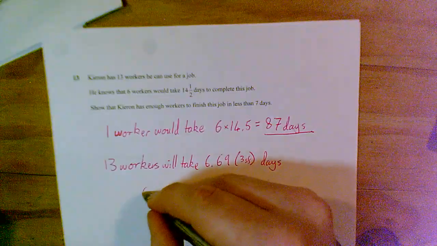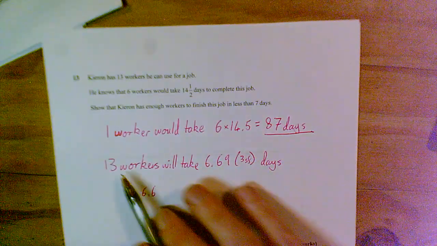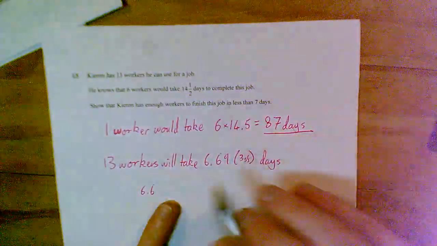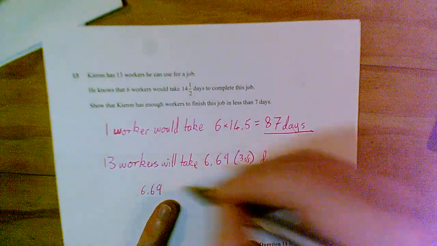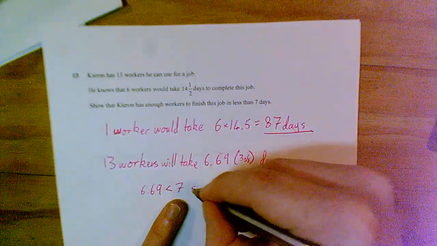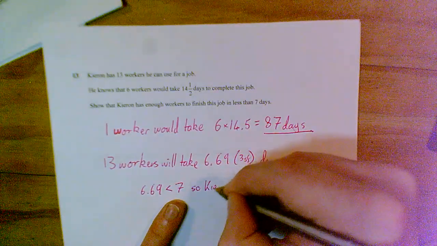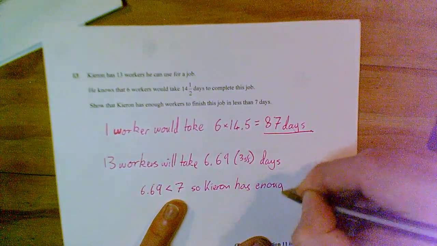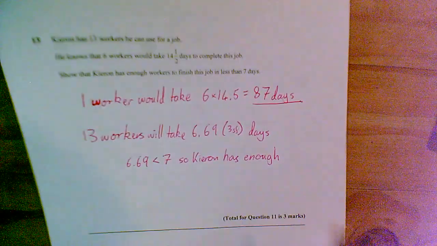All right. So final concluding point. That's not enough. It's show that Kieran has enough workers. I'm just going to make absolutely certain for the examiner: 6.69 is less than 7. So Kieran has enough. Let's look at the mark scheme for that. Only 3 marks. I don't want to spend any longer than that on it.